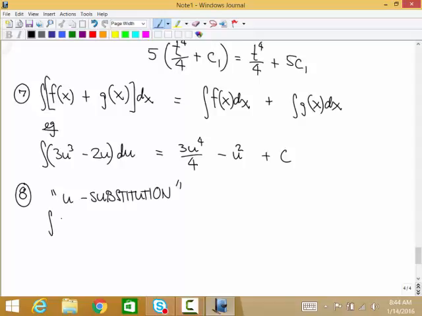So if you have the integral of f of u of x dx, du dx we can define as u prime.